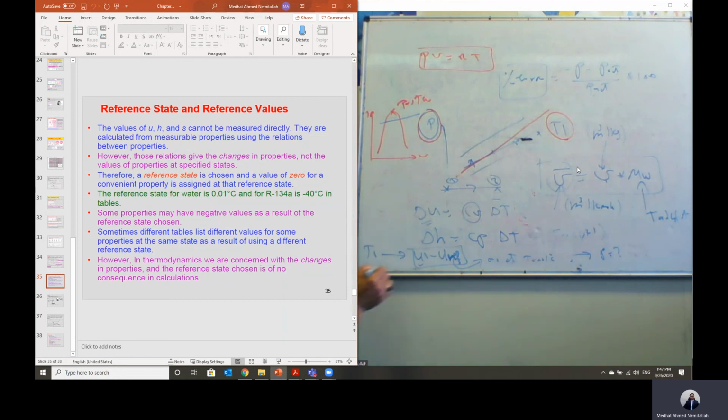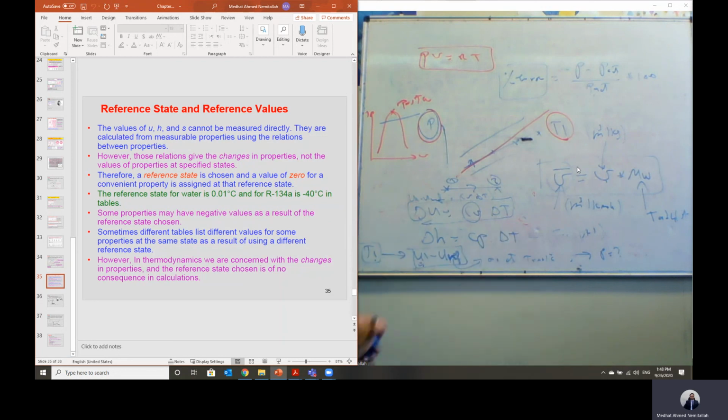Okay? Then we can give you the value of U1 at temperature T1. But the value listed in the table is not U1. It is U1 minus U reference, because we don't have a relation to give us U1 directly. We have a relation that gives us U1 minus U reference, okay? Which equals CV multiplied by delta T. This is the relation that we have. So the value listed in the table is U at a given temperature minus U reference.